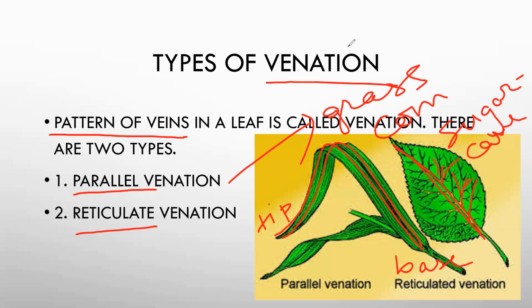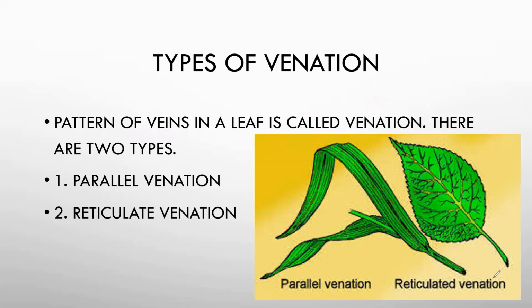Then coming to the second type of venation, that is reticulate venation. In reticulate venation, the branching of the veins is very random.